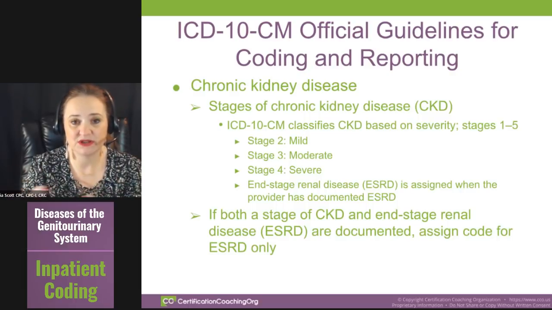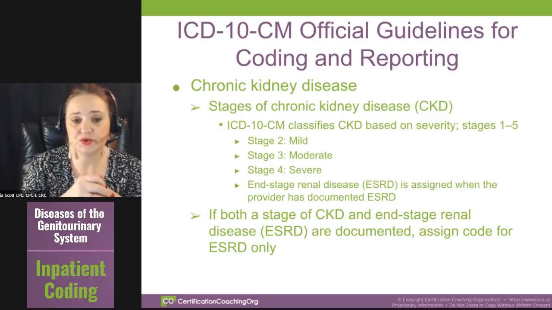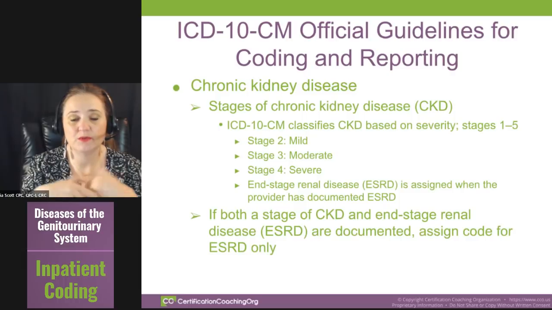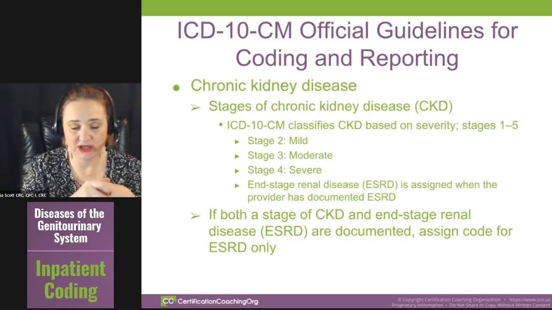CKD stage 3 is N18.3, etc. CKD 2 is mild, 3 is moderate, and 4 is severe. When you move past 4, you end up with end-stage renal disease, and nobody writes that. They always write ESRD.